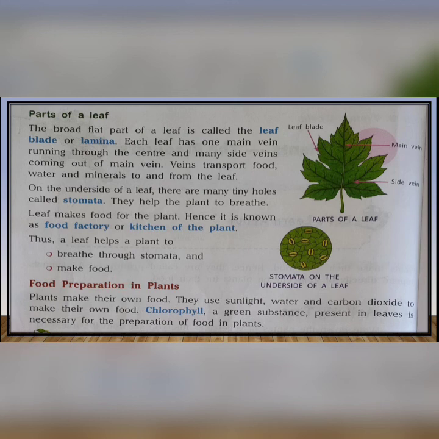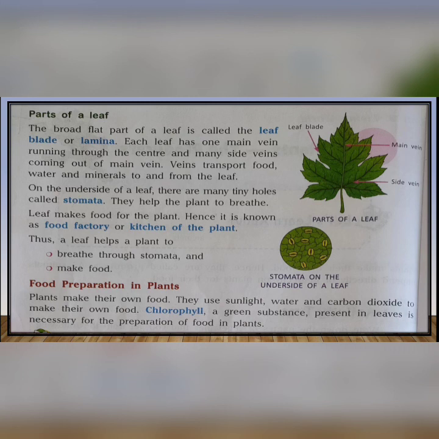Next topic is food preparation in plants. As we know, plants make their own food. How do they prepare their own food? Let us discuss that. Using sunlight, water, carbon dioxide, plants make their own food. And the process of preparation of food in plants is called photosynthesis.